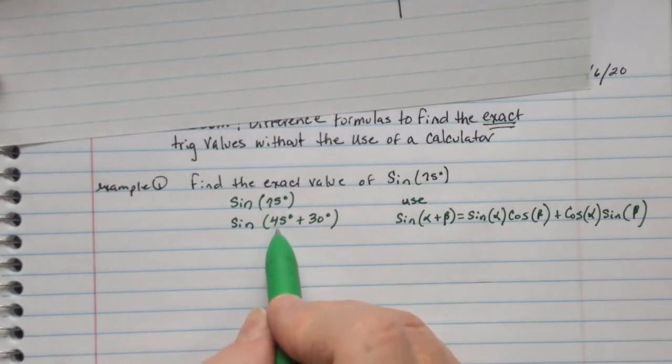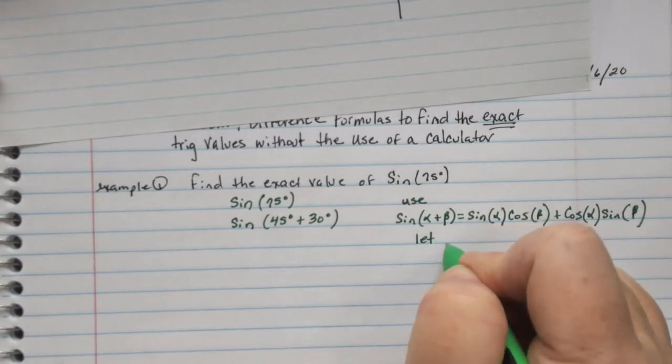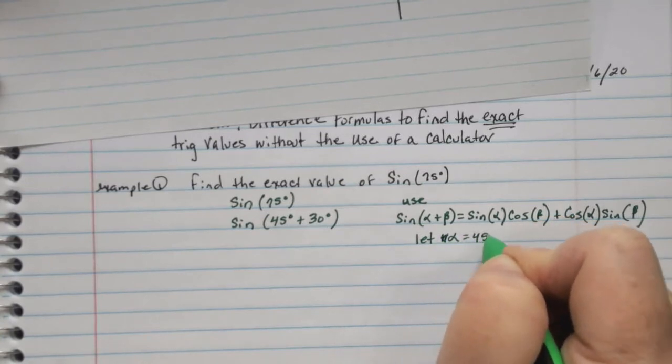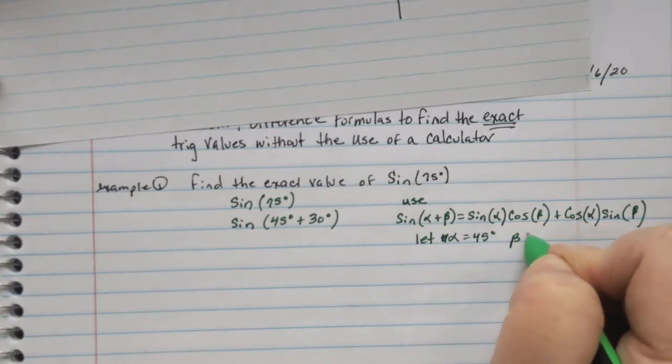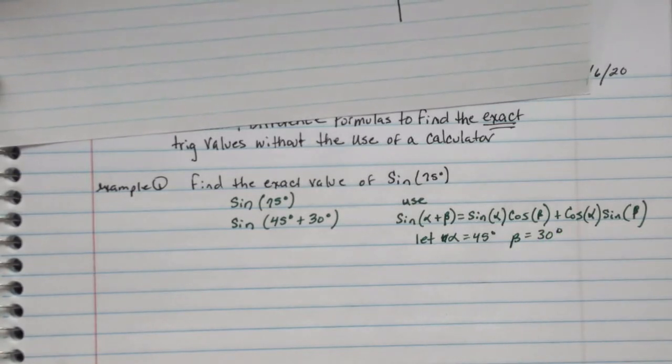So 45 is going to be our alpha. So we're going to let alpha equal 45 degrees and beta equal 30 degrees. So now we plug in and use our formula.